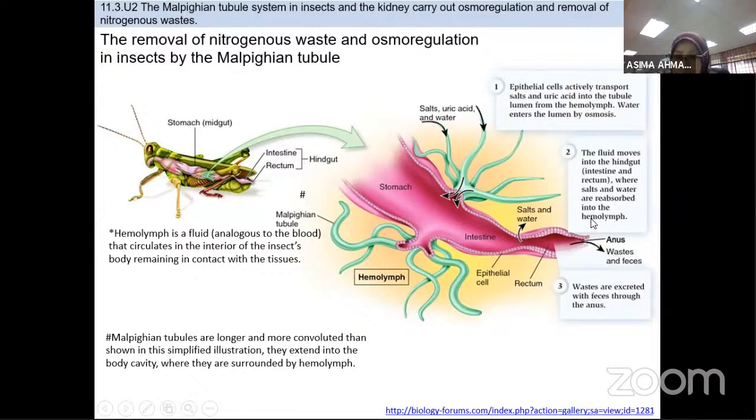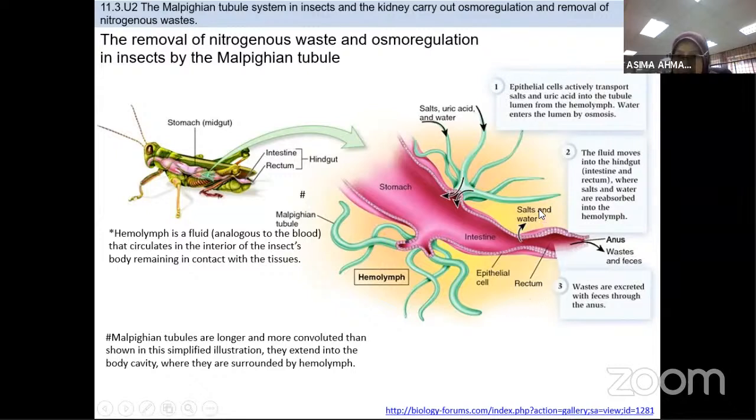Because salts and water are useful substances. Sama lah macam kita tadi, bila the ultrafiltration filters out all small molecules, kita ambil balik the useful substances. So same as in this insect. Salts and water will be reabsorbed into the hemolymph. Ambil balik, masuk the hemolymph.